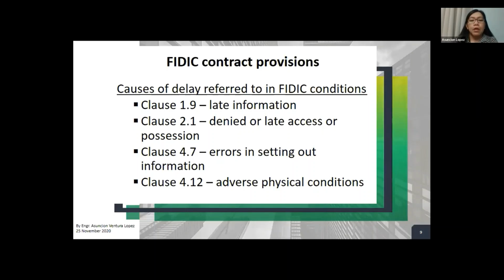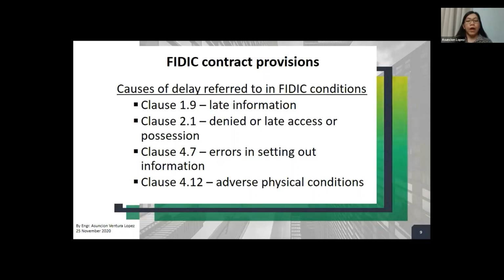When you are claiming for extension of time due to late information, that is clause 1.9 in FIDIC 1999, and then clause 2.1, when you are denied or provided late access or possession of the site, and clause 4.7, if there are errors in setting out information, because the setting out information is usually provided by the client.